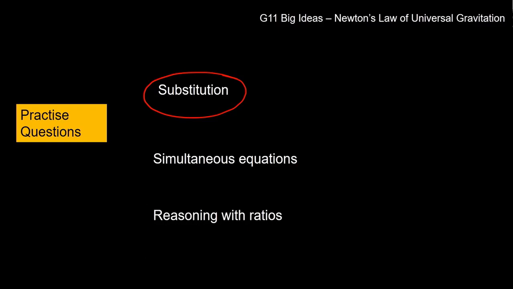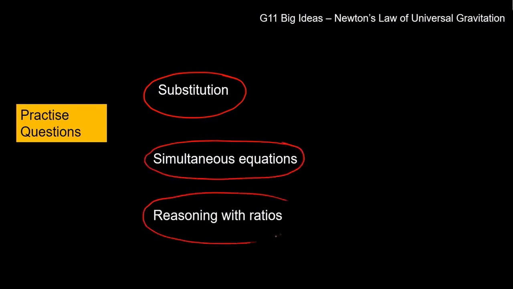Okay, simultaneous equations, and then reasoning with ratios. Now, reasoning is quite tricky, so we need to look carefully at those, and we're going to get to one of these in a moment, where we've got to figure out how the one planet, let's say, is related to the other planet.